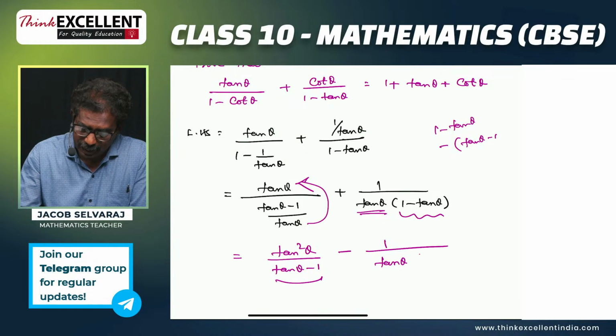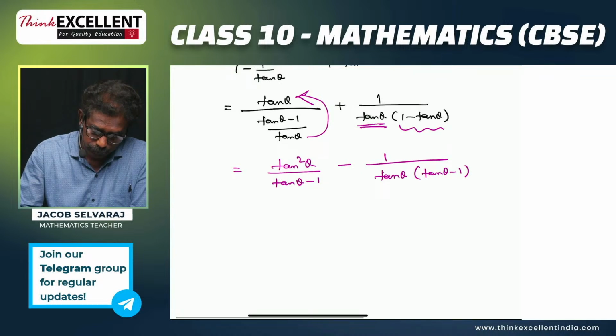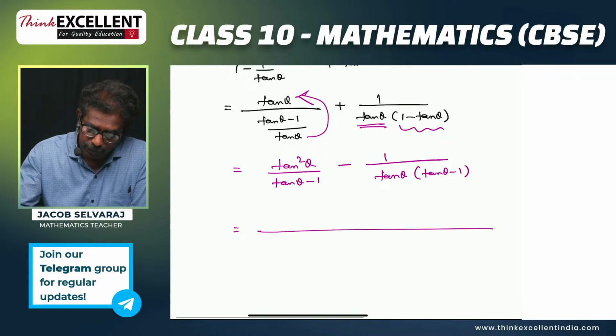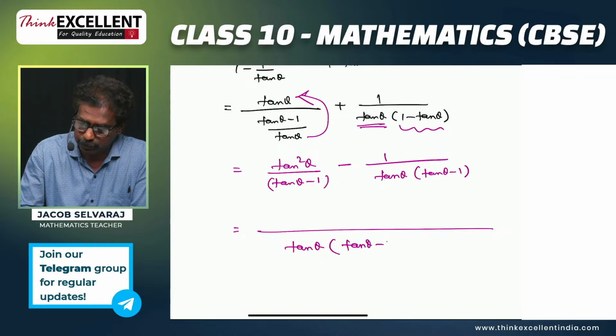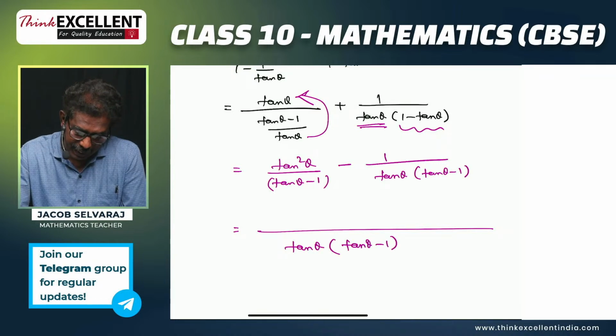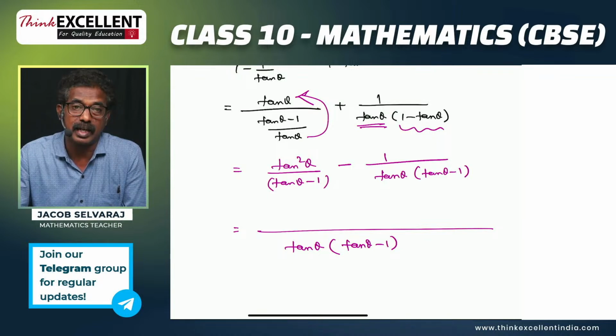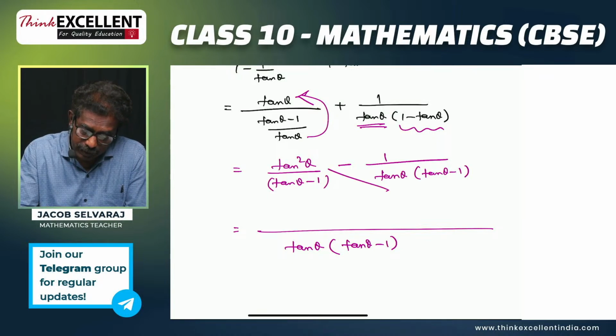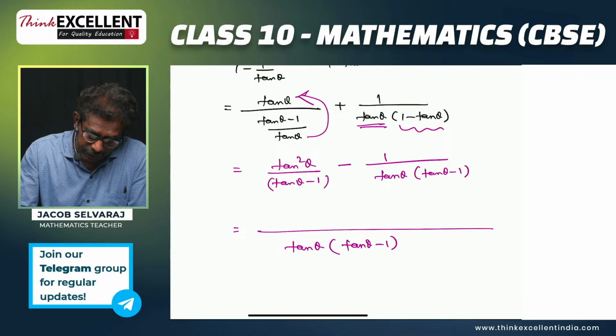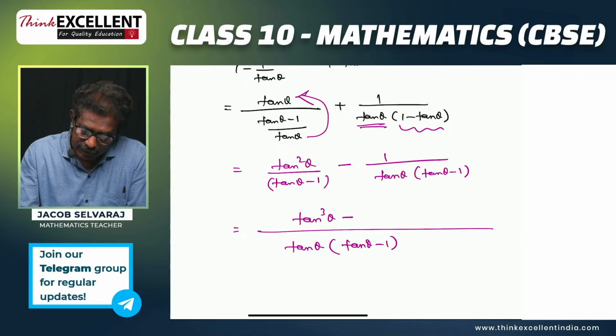Now LCM you can take easily. What is LCM? Tan theta into tan theta minus 1. In the first one, tan theta minus 1 is there. What is missing? Tan theta. Already tan square theta into this tan theta, you are getting tan cube theta. Minus, in the second one, nothing is there, so just write that 1.